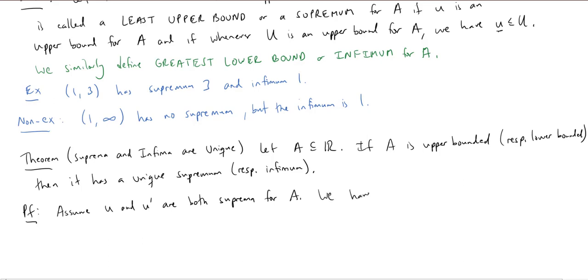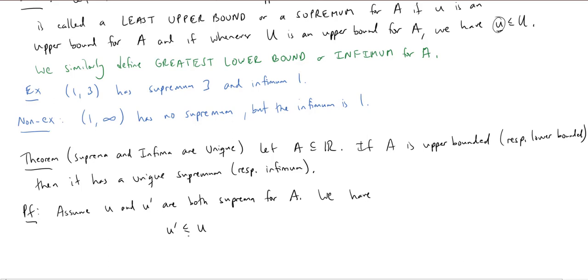Well, in that case, since U prime is a supremum, it is the smallest of all upper bounds, that is, it's less than or equal to any other upper bound. So U is an upper bound. Our assumption was that if you had a supremum and you had some other upper bound, then your supremum had to be less than or equal to that upper bound. Well, U prime is a supremum. U is an upper bound.